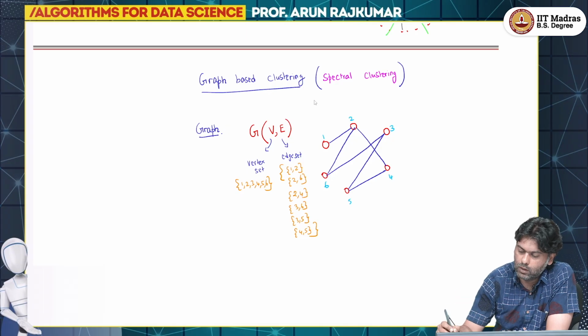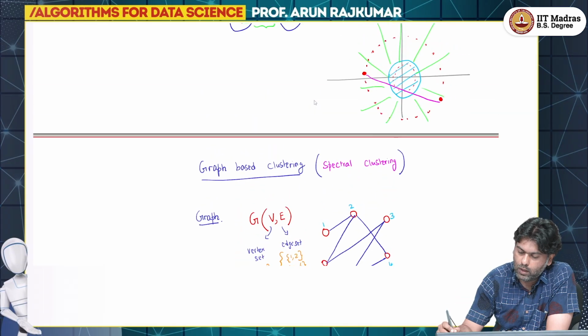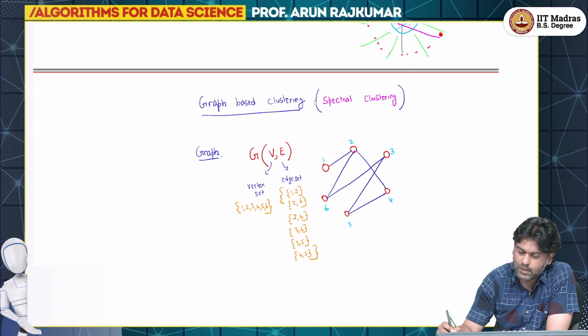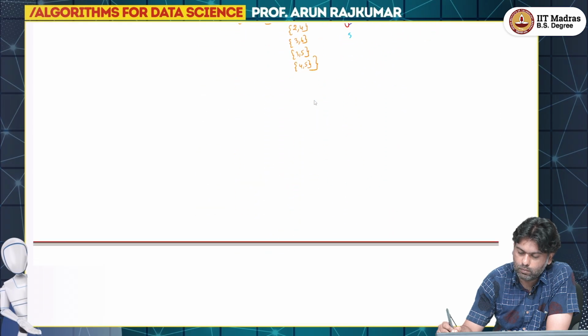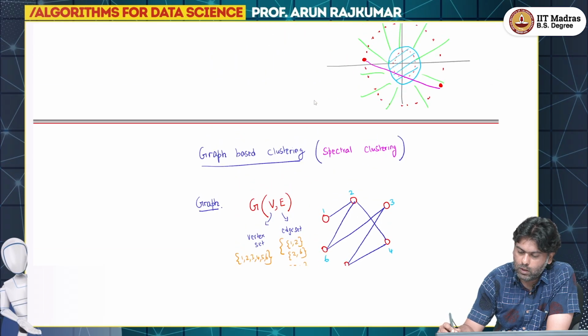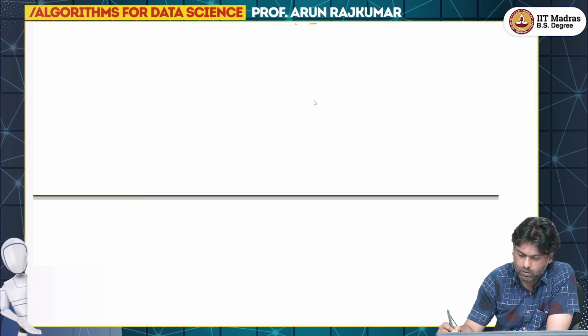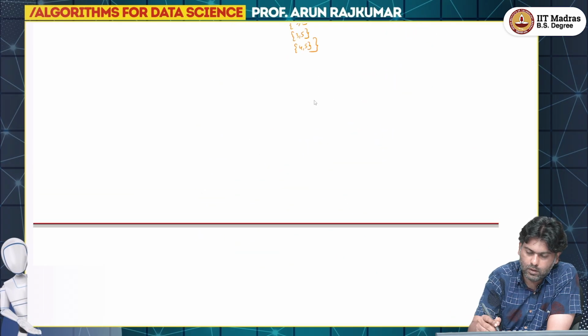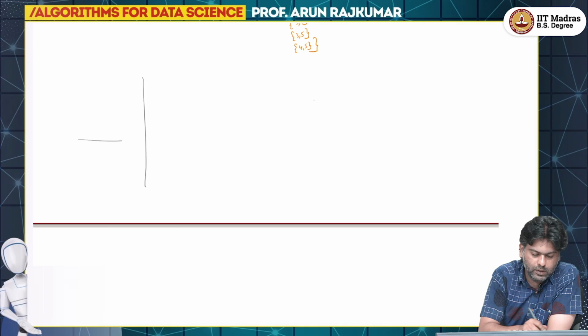So now, how is this graph going to help us? Let me draw that again, so that we'll still worry about this example for the moment.